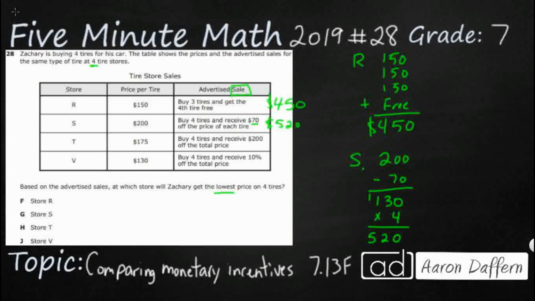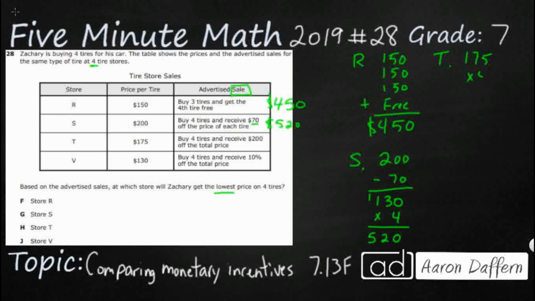Let's check with T here. 175 each. Buy 4 tires, receive $200 off the total. Okay, so it's not a price per tire. Let's just see what 175 times 4 is. I'm going to take away 200 from that, because that's kind of expensive.